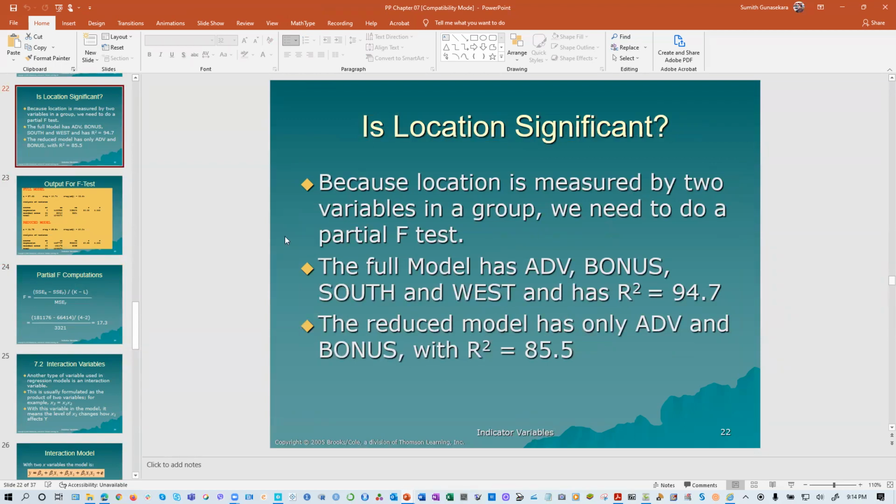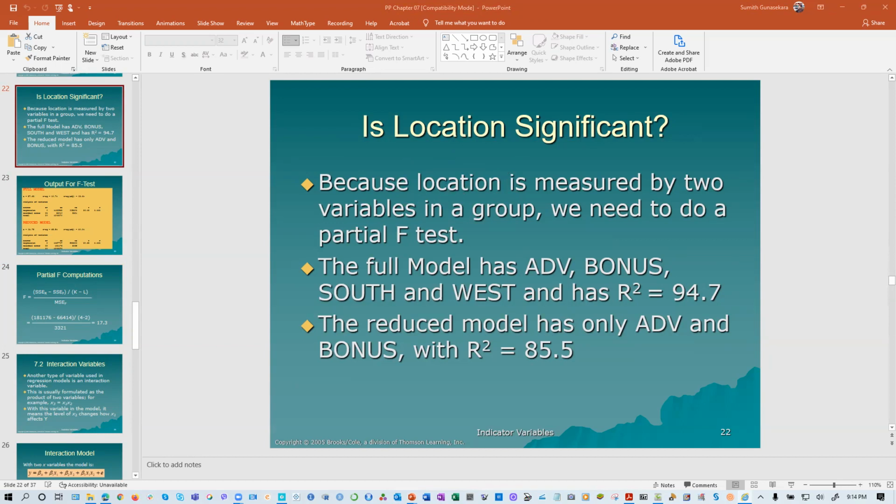The full model, with south and west. That means we want to see whether location is important. If you want to check whether the location is important, you can get this done in two ways.